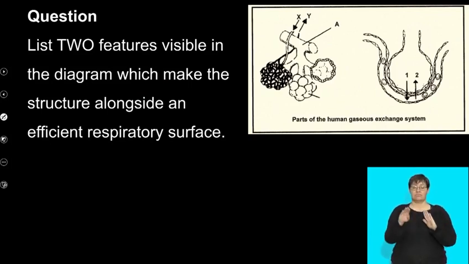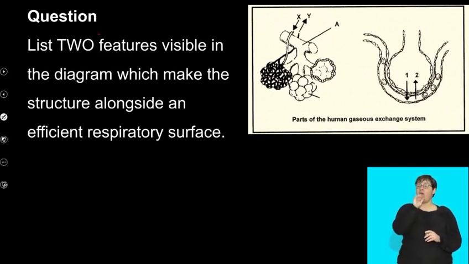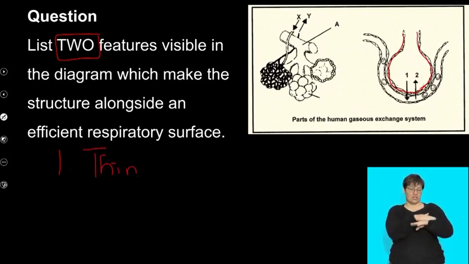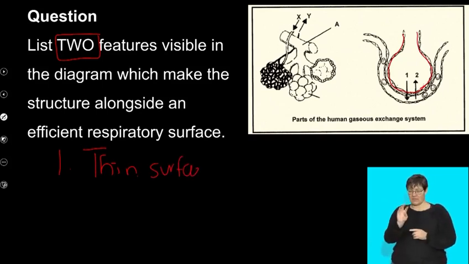The last question is, list 2 features visible in the diagram which make the structure alongside an efficient gaseous exchange. Now guys, they've only asked for 2, but I think we might be able to see that there are quite a few more. But let's just have a look. The first one I would go at, if we have a look at the structure, I'm going to say that number 1, it's only 1 layer thin, thin surface area that I can see.